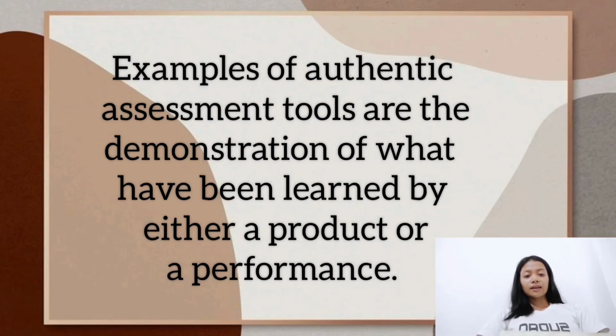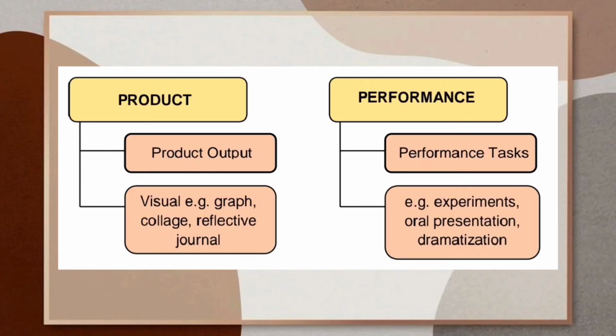Examples of authentic assessment tools are the demonstration of what has been learned by either a product or a performance. In product, it includes product output, visual graph, collage, and reflective journal. While in the performance, it includes performance tasks, experiments, oral presentation, and dramatization. First is the product.